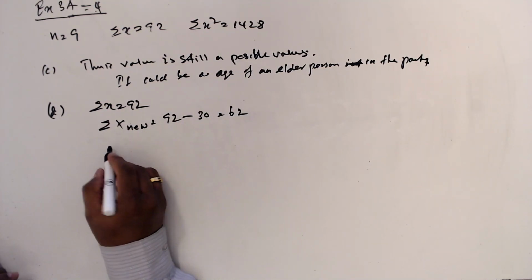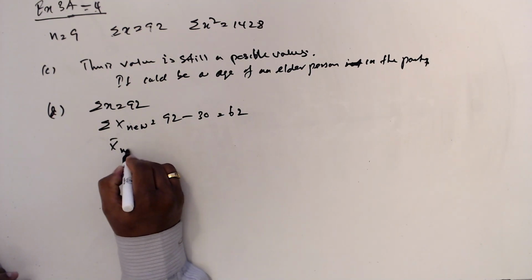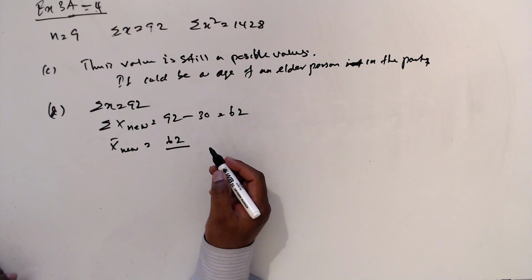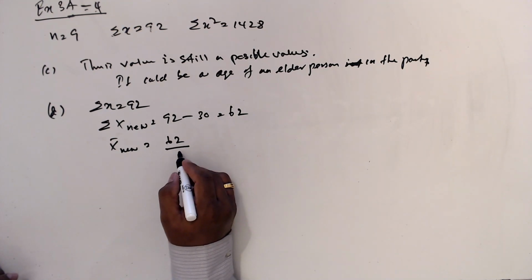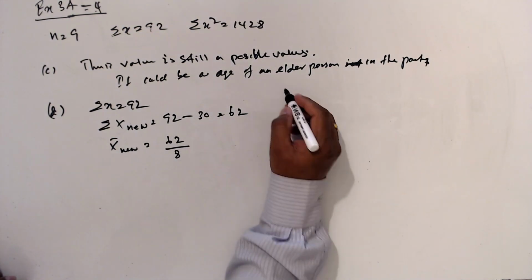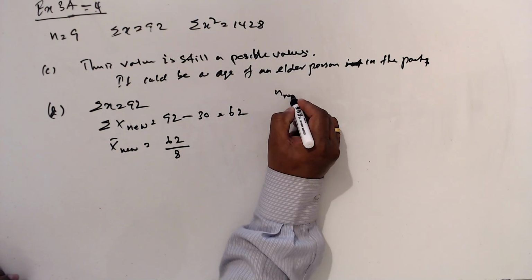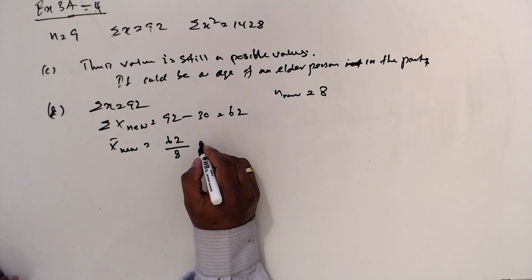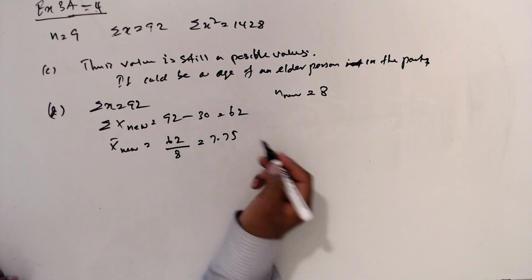Now the new x bar is 62, and the new number of people is 8. So 62 divided by 8, this is 7.75.